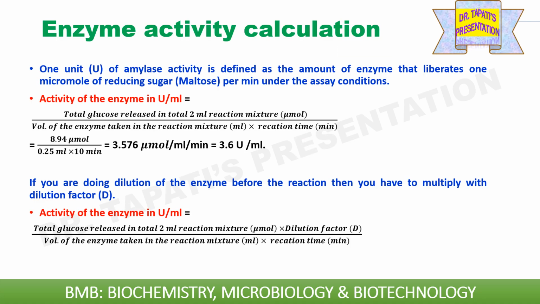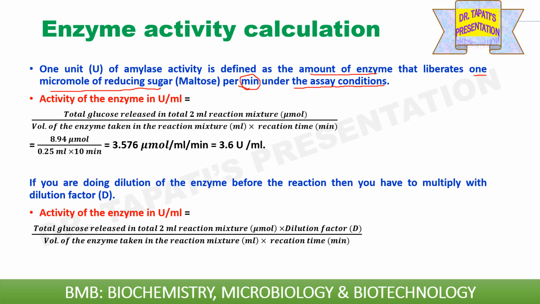Now 1 unit of amylase activity is defined as the amount of enzyme that liberates 1 micromole of reducing sugar, in this case it is maltose, per minute under the assay condition.